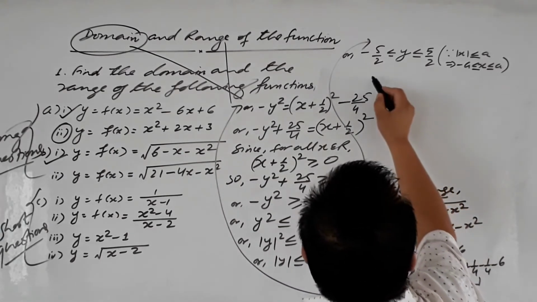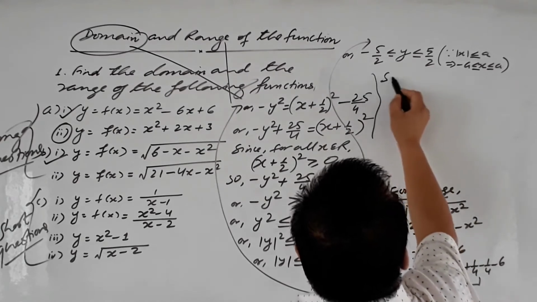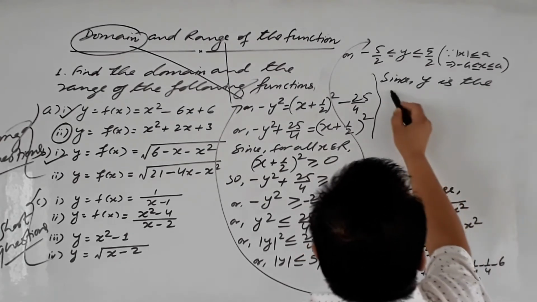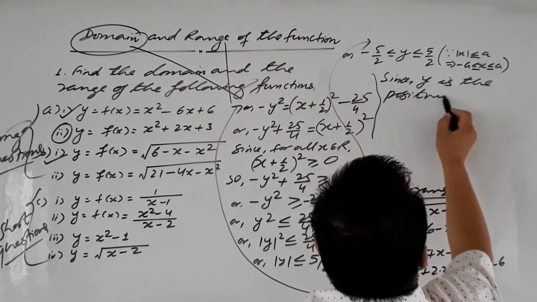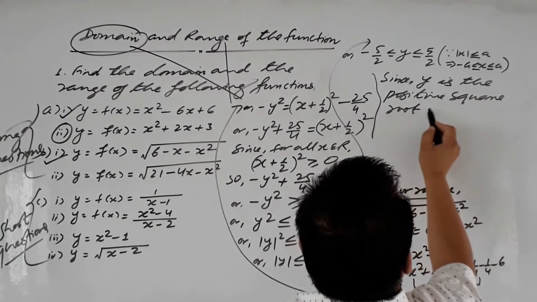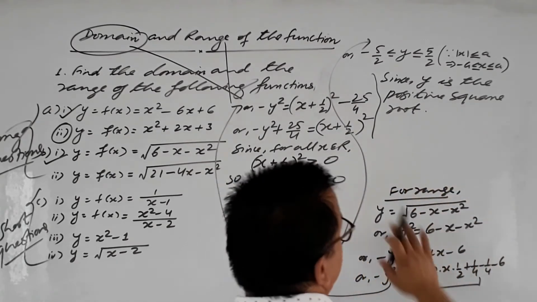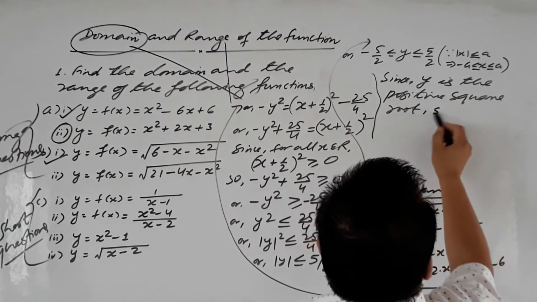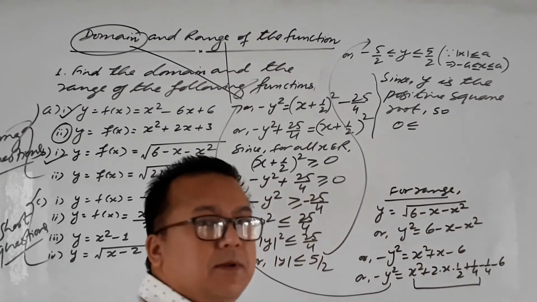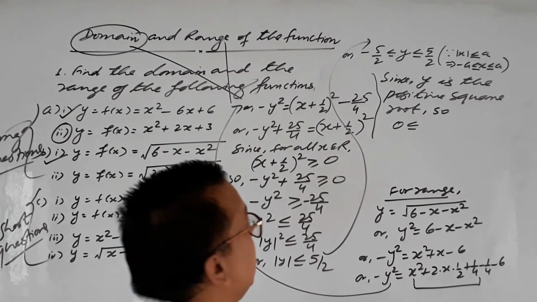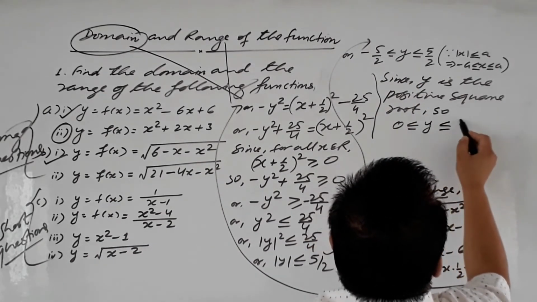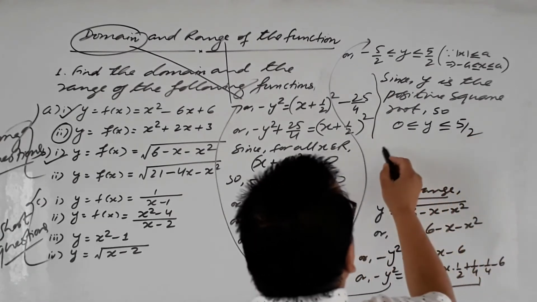Since y is the positive square root of that, y lies between, because of negative, we will remove negative values. Except negative values, we will have 0 to pi by 2. This will be the range, right?